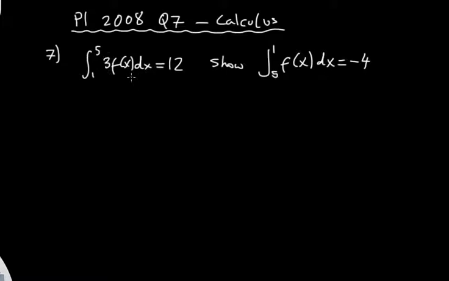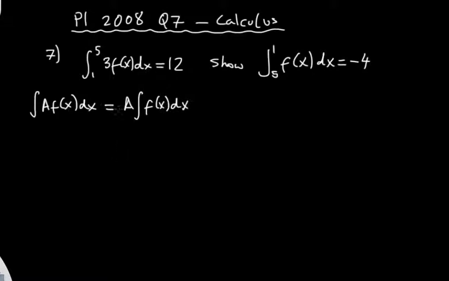The relationship to learn, which I believe you have in your formula book, but you should definitely know it so you can use it, is this one: any integral of a constant times a function dx is the same as taking out the constant, putting it in front, in this case the 3, and doing the same thing. These two are equivalent.